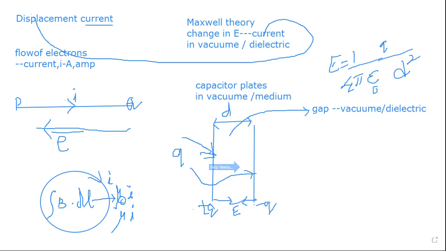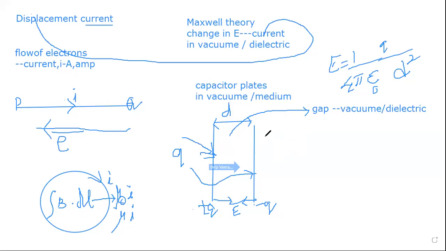So I will write the formula for the electric field between the two plates of the capacitor. This is the parallel plate capacitor. These two plates have area, the area of each plate is equal. The intensity of the electric field depends upon the area of the plate and the charge.